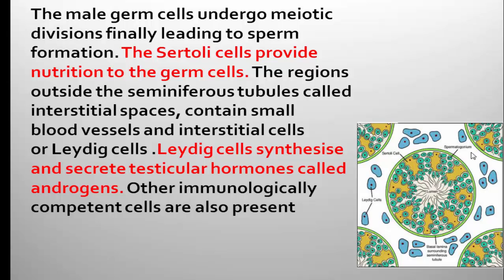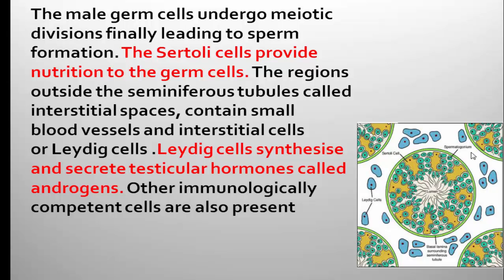Hence, the Sertoli cells are also known as nurse cells, because they provide nourishment to germ cells at the time of spermatogenesis. So what is the function of Sertoli cells? They provide nutrition to the male germ cells. They are a little bit larger in size.